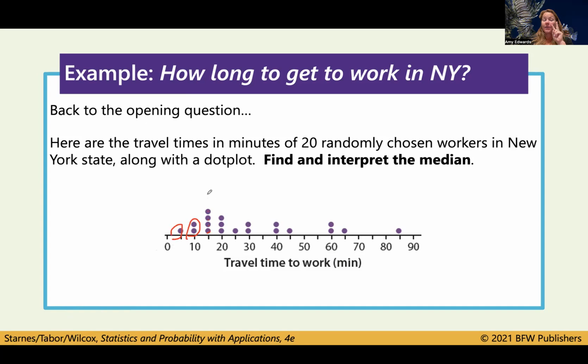So now I'm at 7, 8, 9, 10. So 10 falls right here. Here is 10. So that means this is the 11th dot. Okay. So 10 and 11. So I need to take the average of 20 and 25. And that's going to end up being what? 22.5.